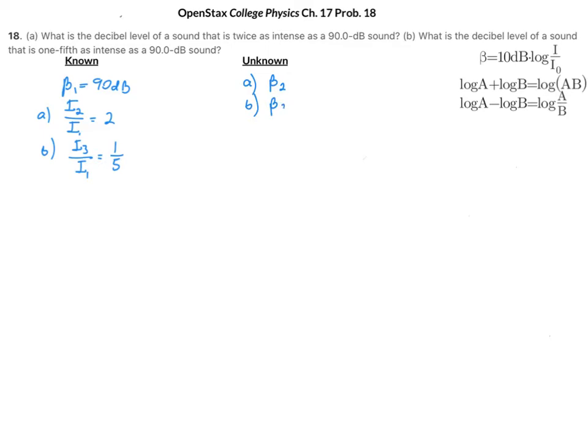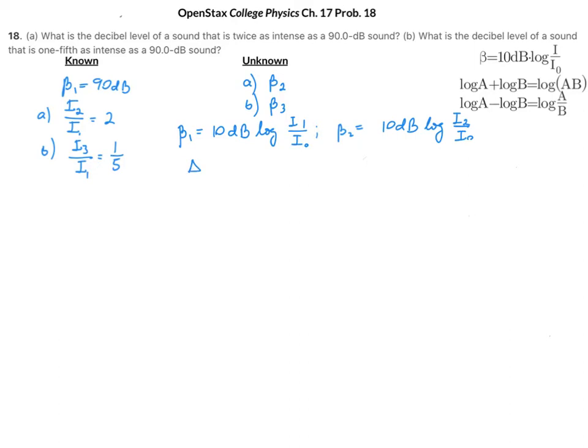We can write the decibel level of sound 1 using the equation as 10 decibels log base 10 of I1 divided by I naught. And we can write the decibel level of sound 2 as 10 decibels log of I2 over I naught.